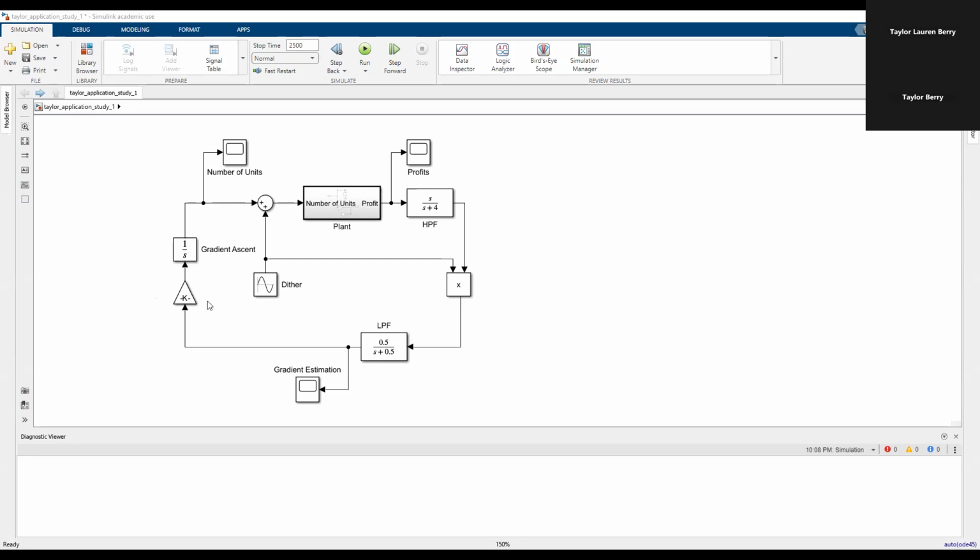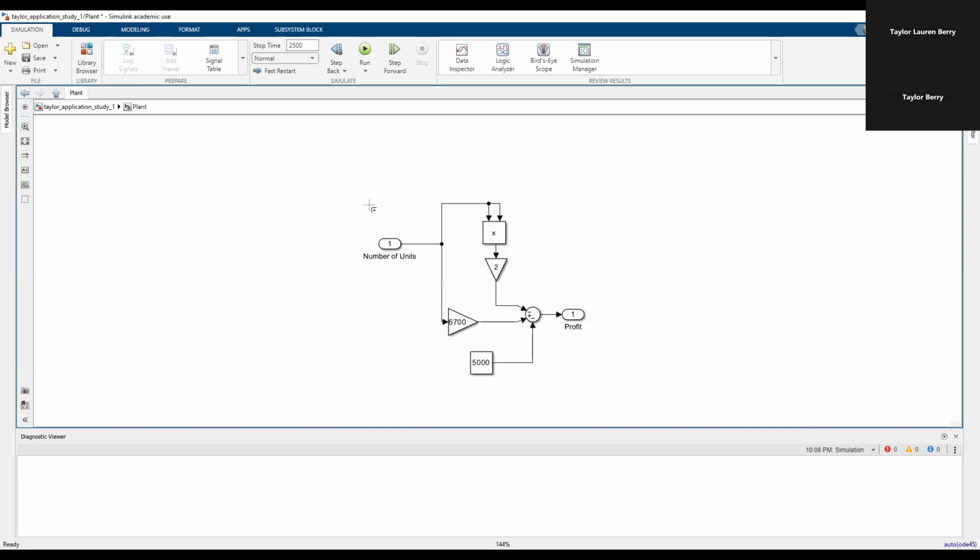Coming over here, you can see that we have our gain, and I'll go into what the specific values were in a second. Next you have your gradient ascent, and then we have a scope over here to show the number of units. We have our plant, our profits, our high pass filter. We're multiplying things. We have our low pass filter, gradient estimation, and our dither.